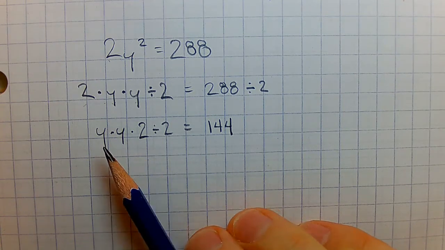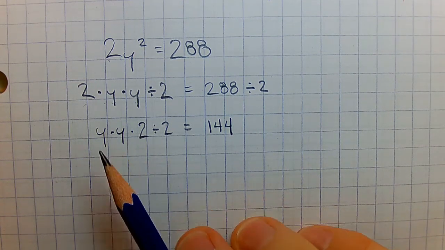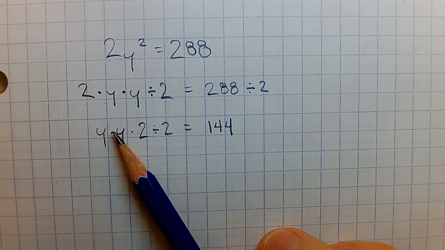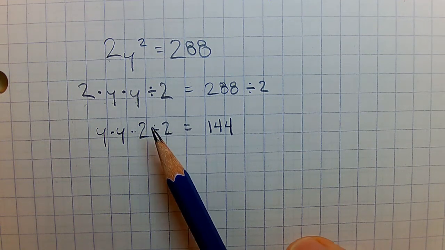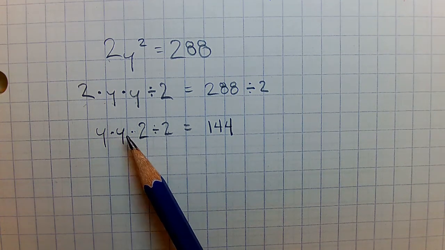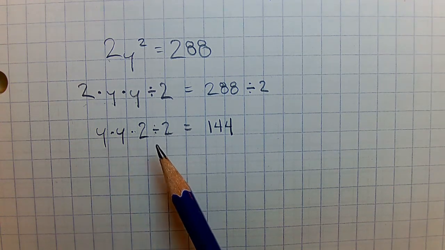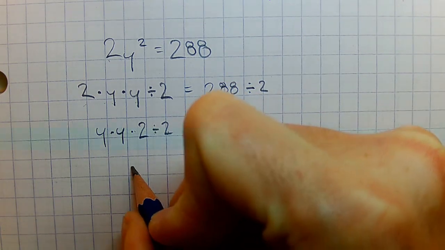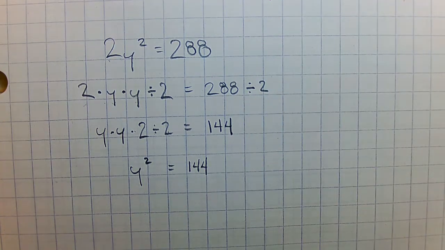And on the left side, I have y times 2 divided by 2. The result of 2 divided by 2 is 1. Y times 1 is actually just equal to y times y, which is just equal to y squared. So let's say y squared is equal to 144.